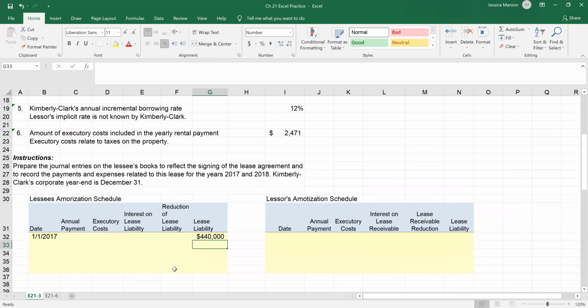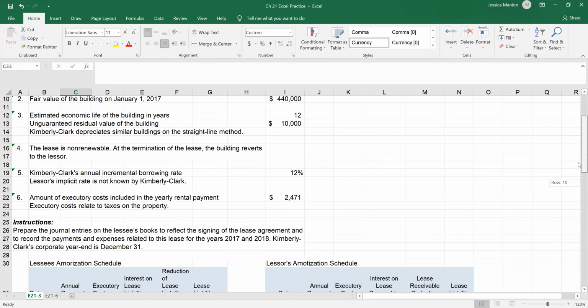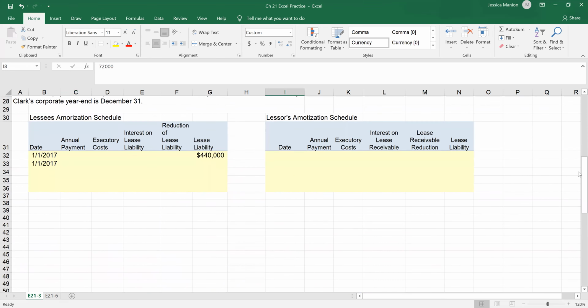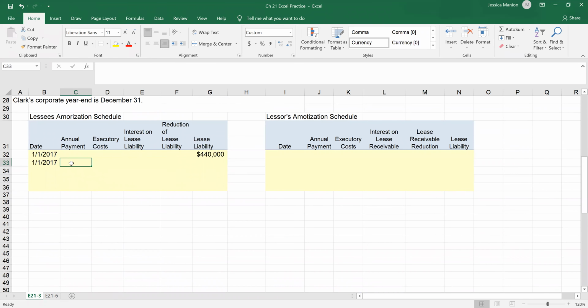And then remember, we also have the first payment here as well. So 1/1/17, we've got the annual payment, 72,000.